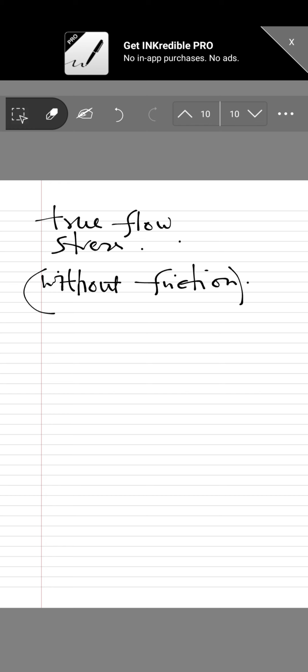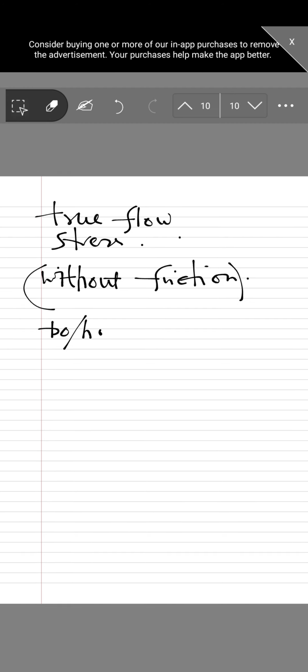This can be achieved if you plot against D0 by H0 for several values of reduction and extrapolate each curve to D0 by H0 equal to 0. If we do this, the true value of flow stress can be achieved. This is one way by which the barreling effect can be minimized.